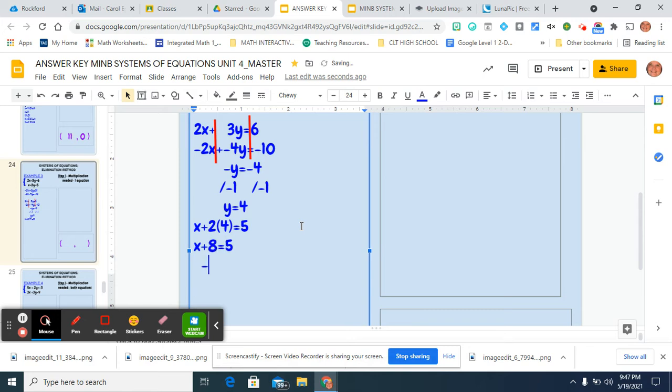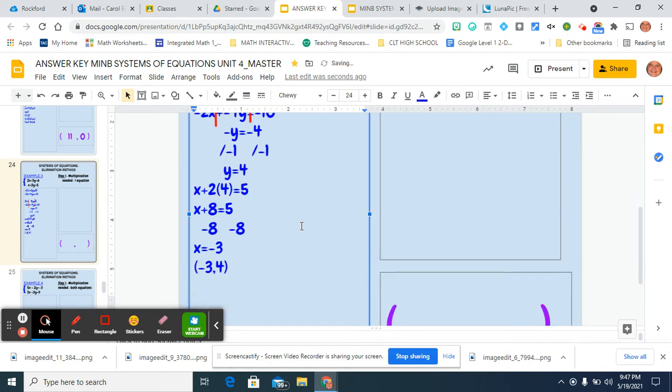I'm going to subtract 8 from both sides to isolate that x. And I wind up with x equals negative 3. So right now, my solution is negative 3, and my value for y is 4. Now I'm going to go back and put it into an original equation I didn't use.